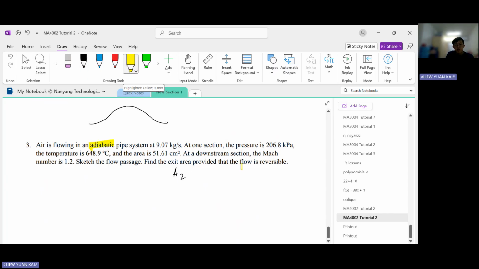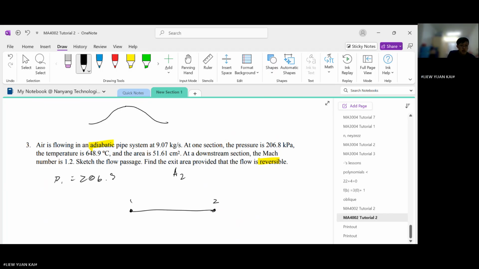So if it's adiabatic and reversible, this satisfies the condition that it is isentropic. Adiabatic means no heat transfer. Reversible means no sources of energy loss, for example, friction or shocks. So we know that this is isentropic flow. Now we sketch out this flow. So it has two main points, 1 and 2. Point 1 has conditions like so.